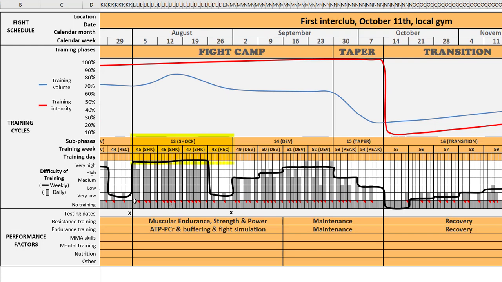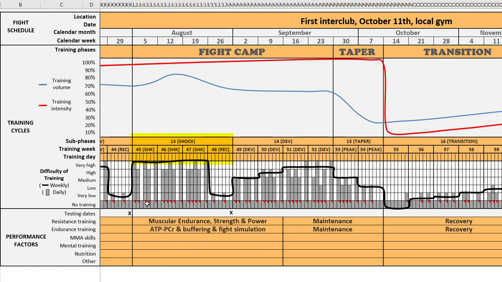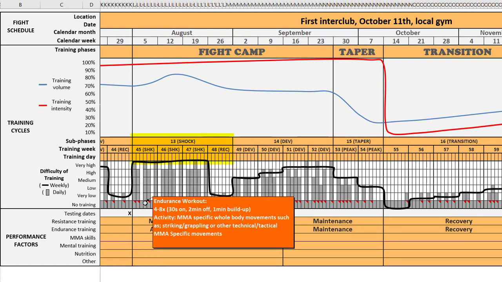For subphase 13, we're looking at another shock subphase. This takes us into our fight camp, and it has a 3-to-1 loading plan. The first 2 endurance workouts feature 4 to 8 30-second work intervals. As you can see here, there's your next endurance workout.